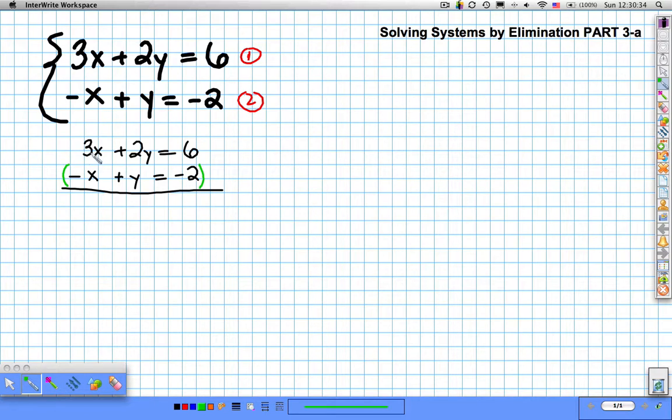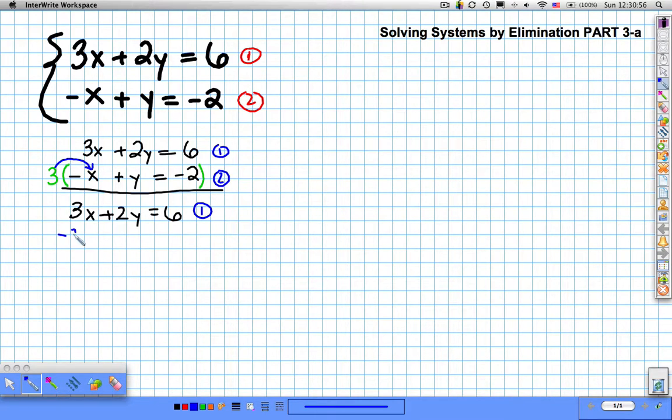To make this cancel out, I need to multiply by 3. Just like before, I'm going to rewrite my first equation up top. Now here's my new equation 2. I'm going to distribute this +3, so look what happens.